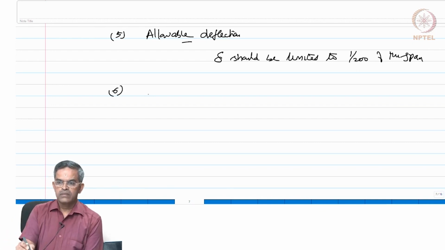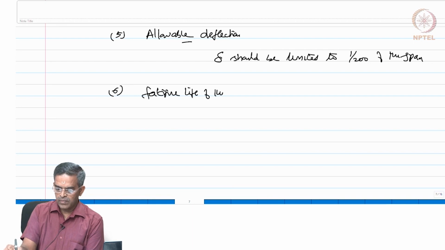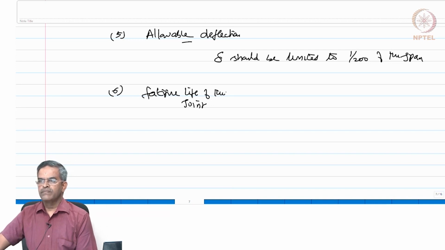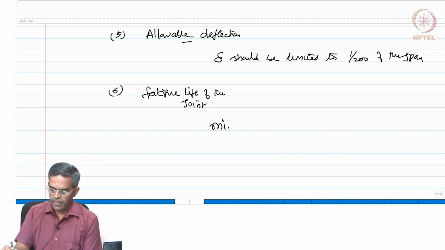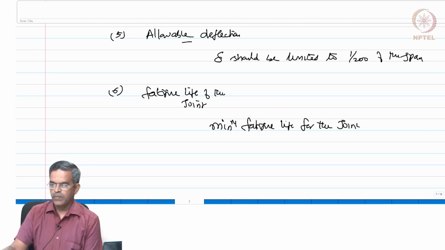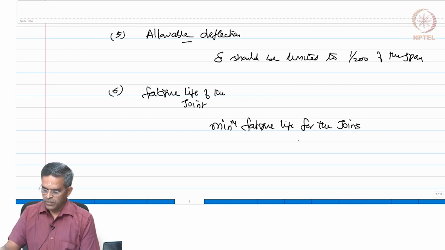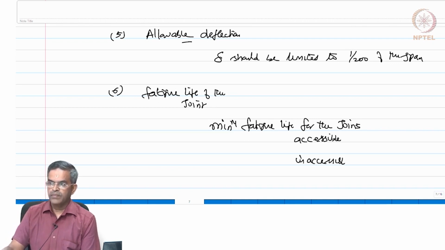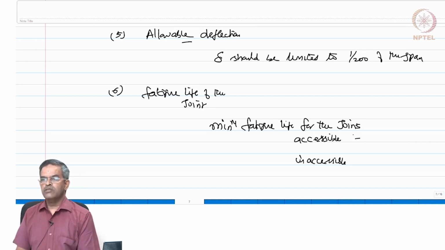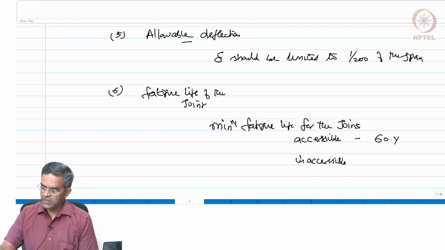The next condition is the fatigue life of the joint. The minimum fatigue life for the joints, both accessible, inaccessible are different. For accessible joints, the minimum fatigue life is 60 years.